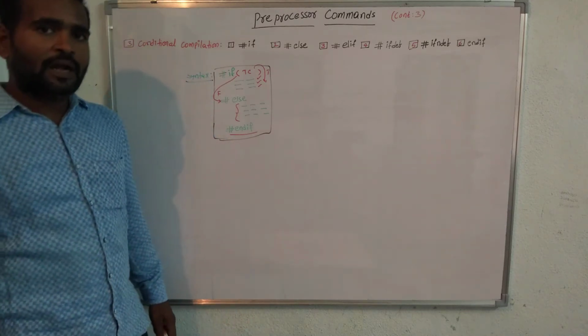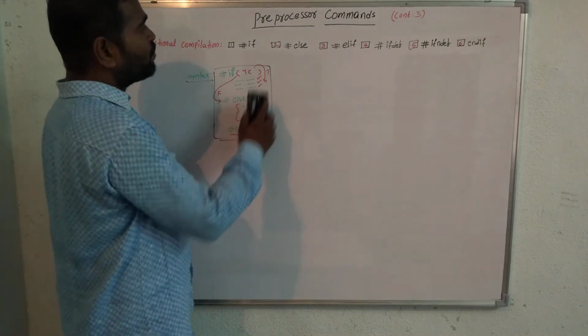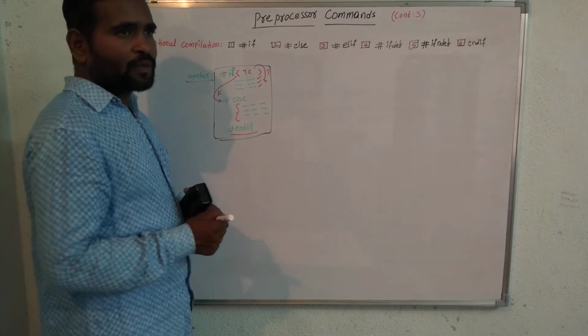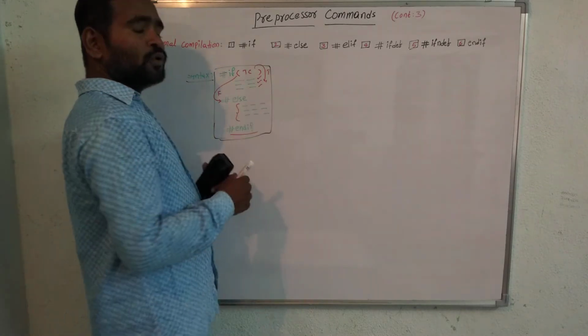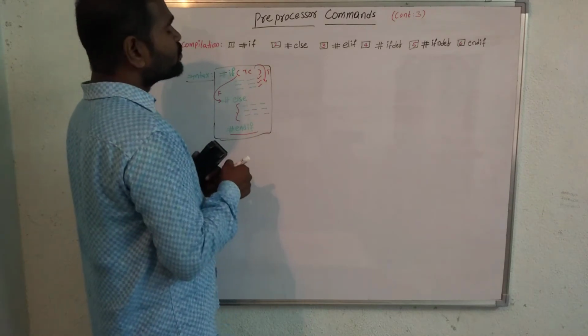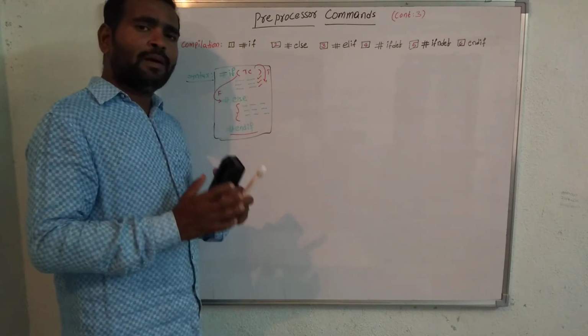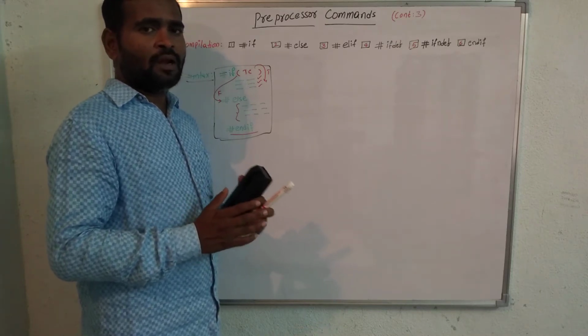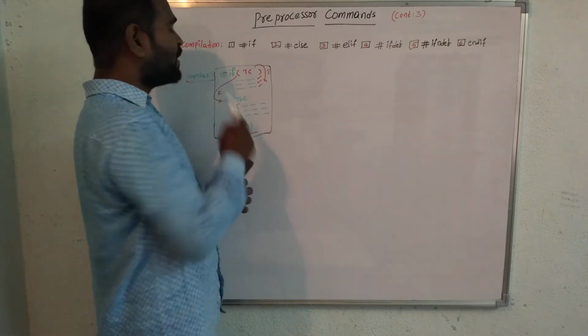In this conditional compilation, I want to take an example program and explain each and every part through it. Let us check whether a given number is even or odd by using conditional compilation.